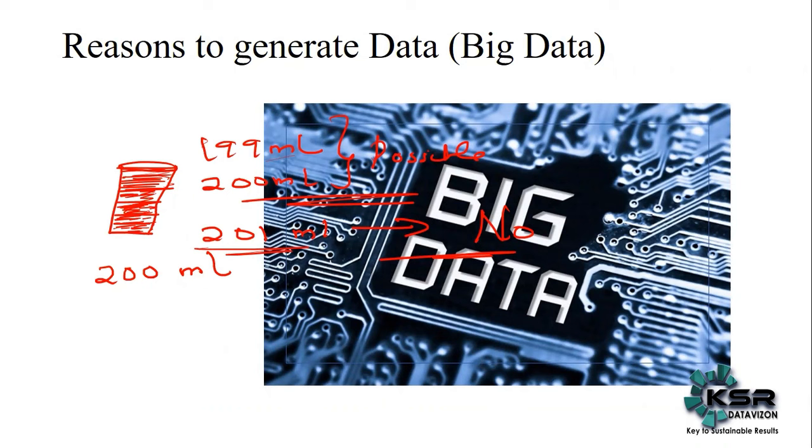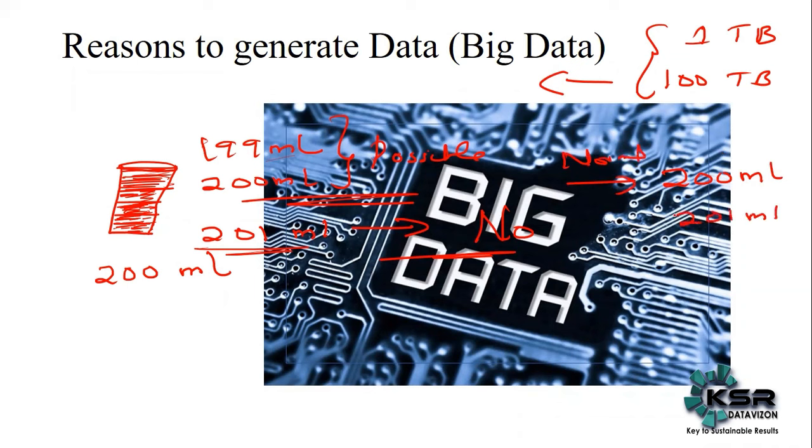Well, everyone thinks that 1 TB is small data and 100 terabytes is big data. That's what people think. No, it's not that way. 200 ml can still be considered normal data, 201 ml can be considered big data.